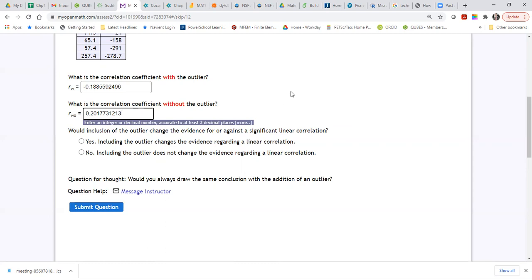So what I mean is, would inclusion of the outlier change the evidence for or against the significant linear correlation? So I think the answer is no, right? Because both of them are not really different, right?